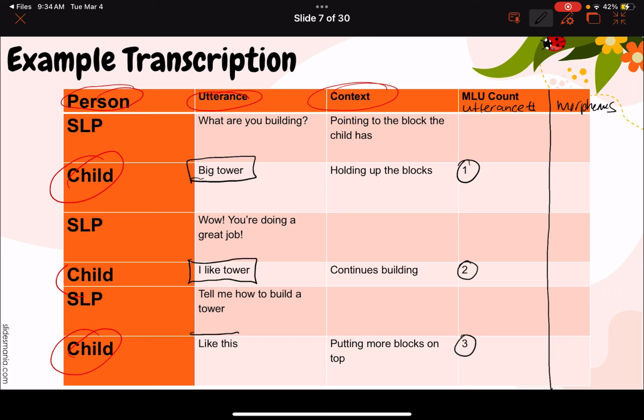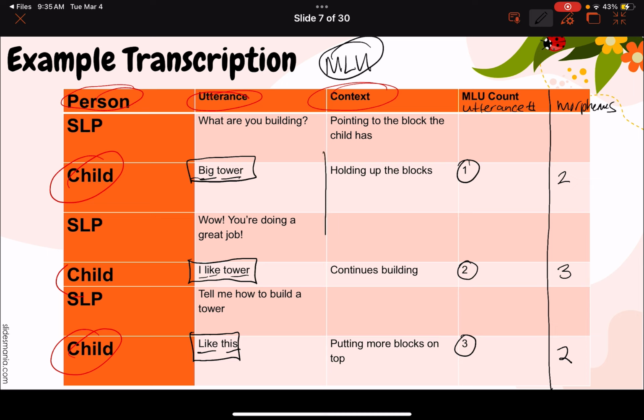This is utterance number 3. Okay, this particular utterance has 2 morphemes. This one has 3. Okay, this one has 2. So that would be your morpheme count, because this is an MLU count. All right. So hopefully, sorry about the little confusion there. I was counting the context.